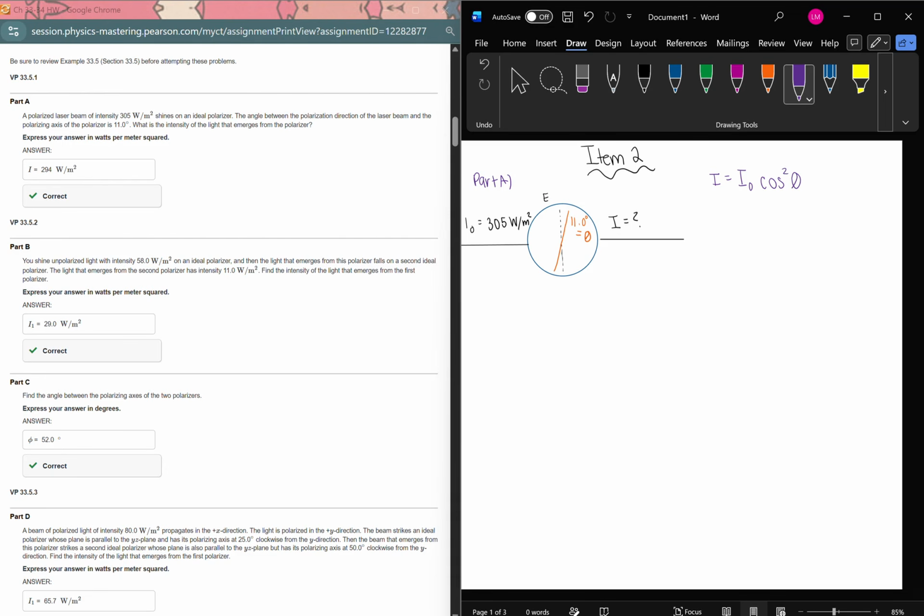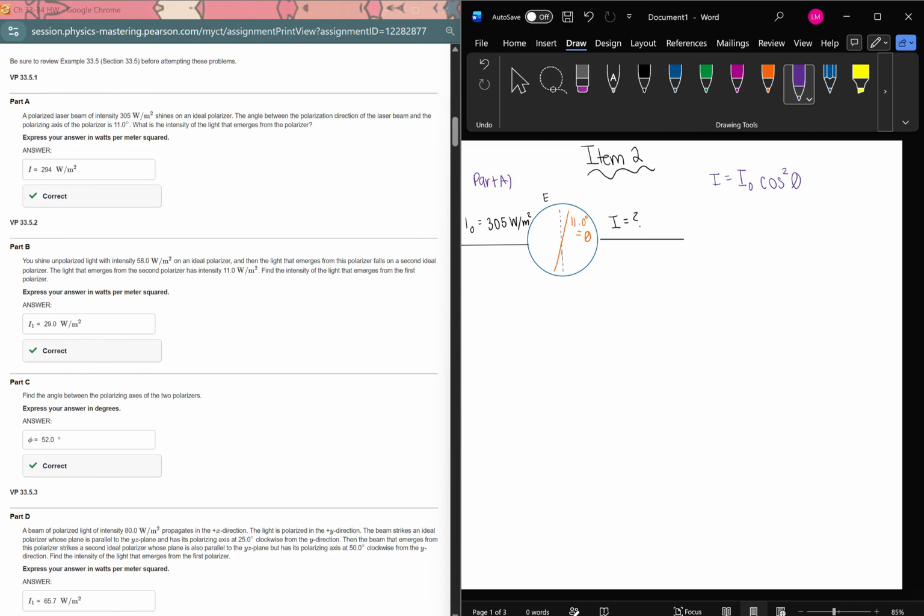Okay, so let me explain it. I'm going to be using Malus's law because this states that the transmitted intensity equals the initial intensity multiplied by the cosine squared of the angle between the light's polarization direction and the polarizer axis. So the I here means the transmitted intensity, which would be measured in watts per meter squared.